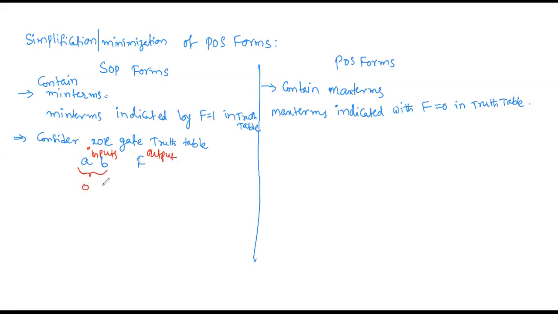Now write on the truth table: 0 0 gives 0, 0 1 gives 1, 1 0 gives 1, 1 1 gives 0.